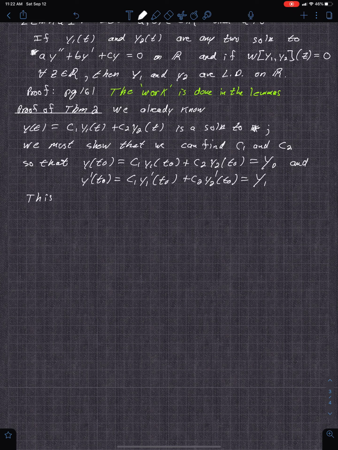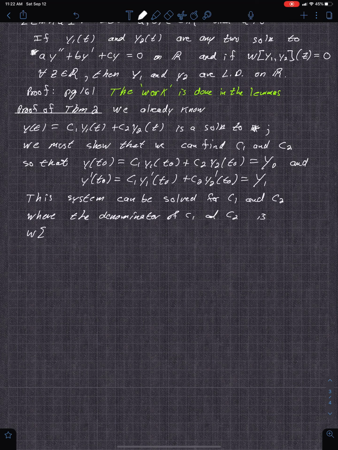So I'm just going to say this system can be solved, like always, for C1 and C2, where the denominator of C1 and C2 is the Wronskian of y1, y2 of t, and it's non-zero.